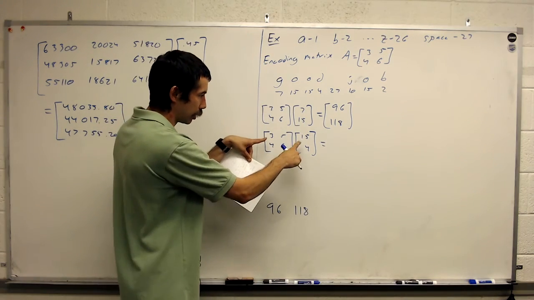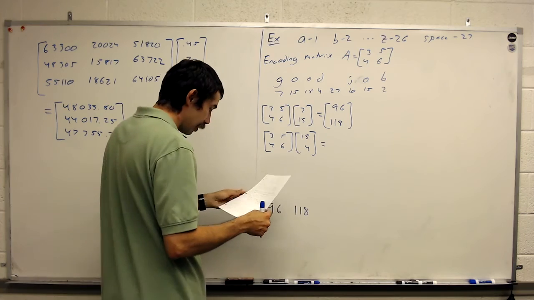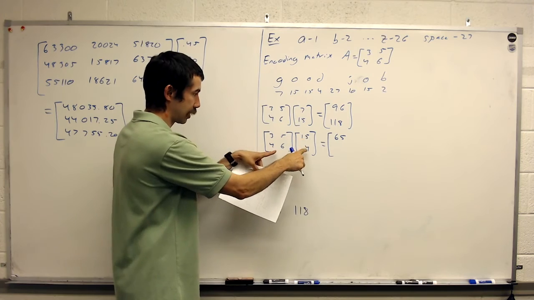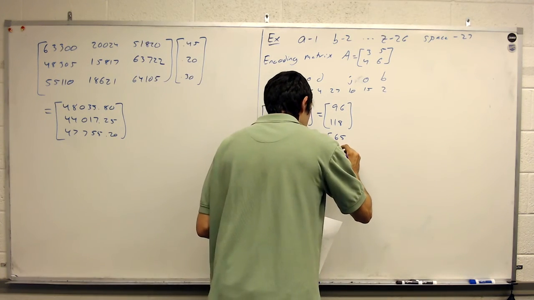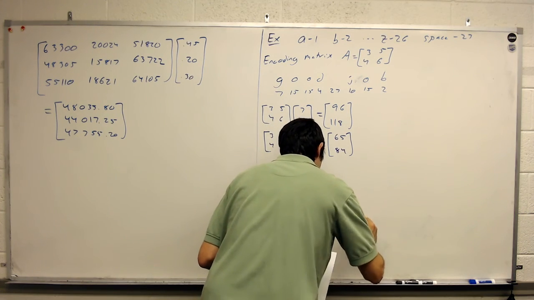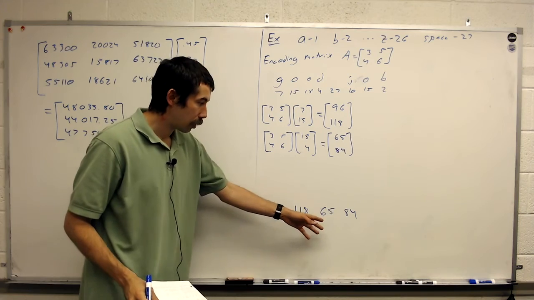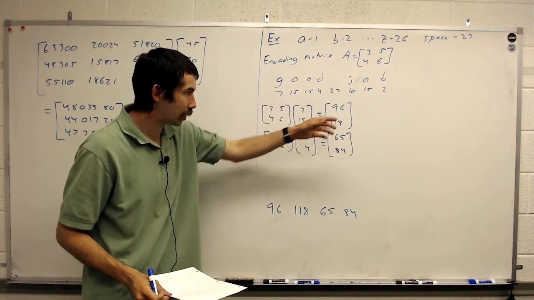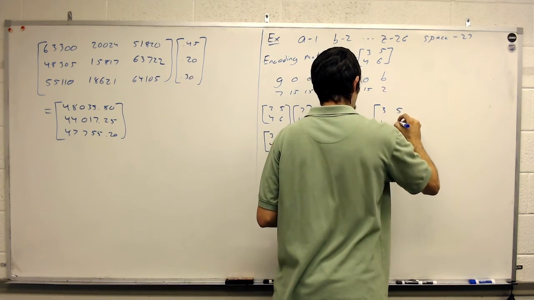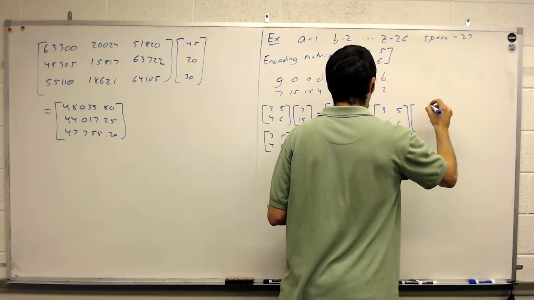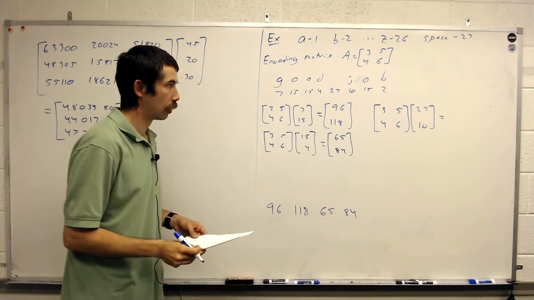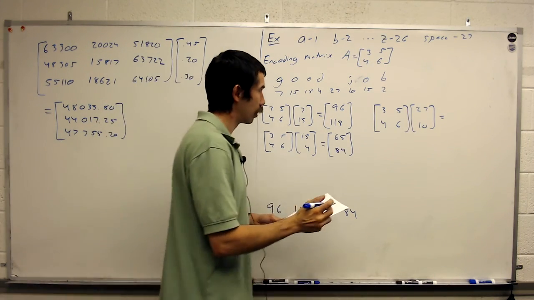Again, we do the matrix multiplication. So it'd be like 45 plus 20 is 65. And 60 plus 24 is 84. All right, and so we could continue this now with the next 2. 81 plus 50 is 131.